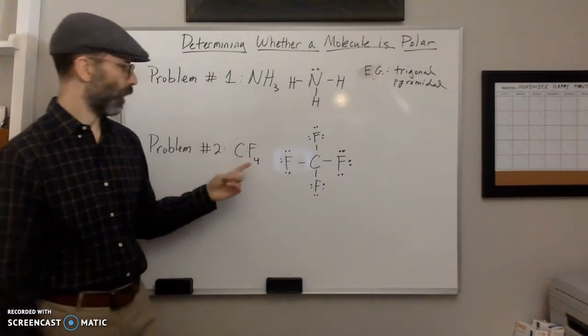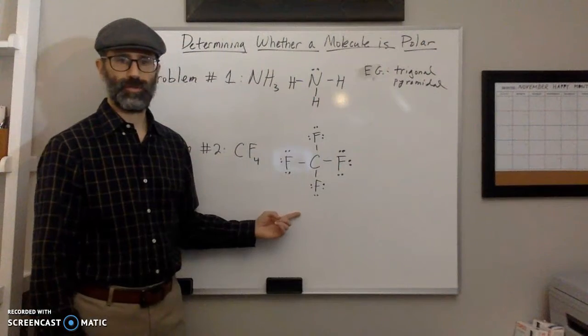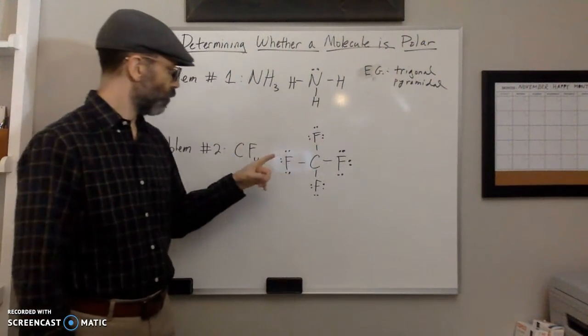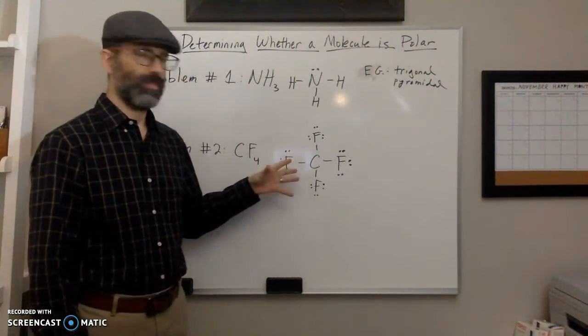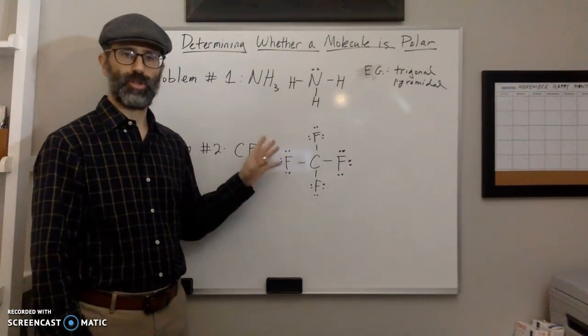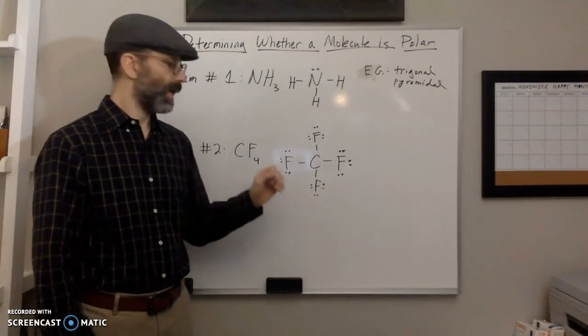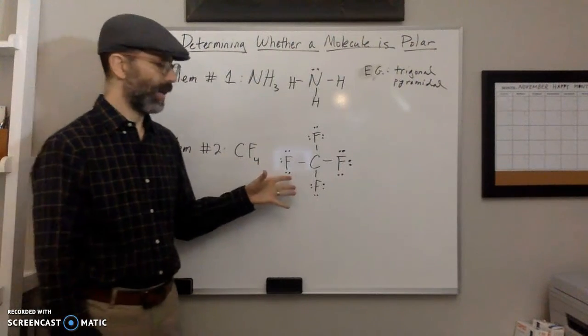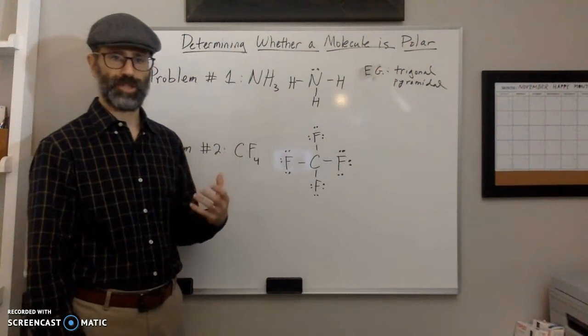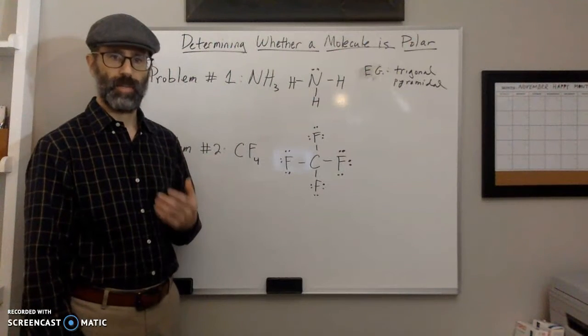For CH4, here's the Lewis dot structure for CH4. So you'll notice here that you've got 4 bonds, no lone pairs, so this is tetrahedral. And so when you're looking at this molecule here, the first question is, are the bonds polar?